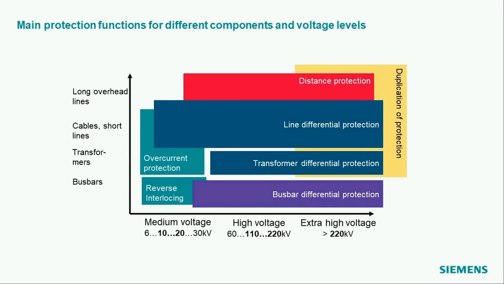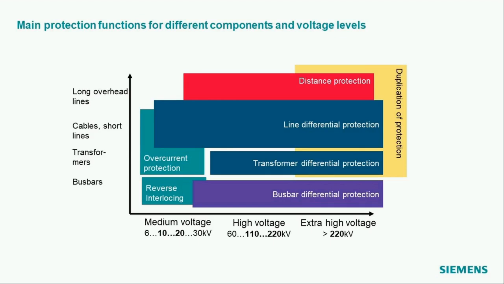Bus bars are very important components, so they typically get, especially in the higher voltage levels or in important distribution substations, a separate protection only looking at the bus bar. And there the typical protection function is the bus bar differential.